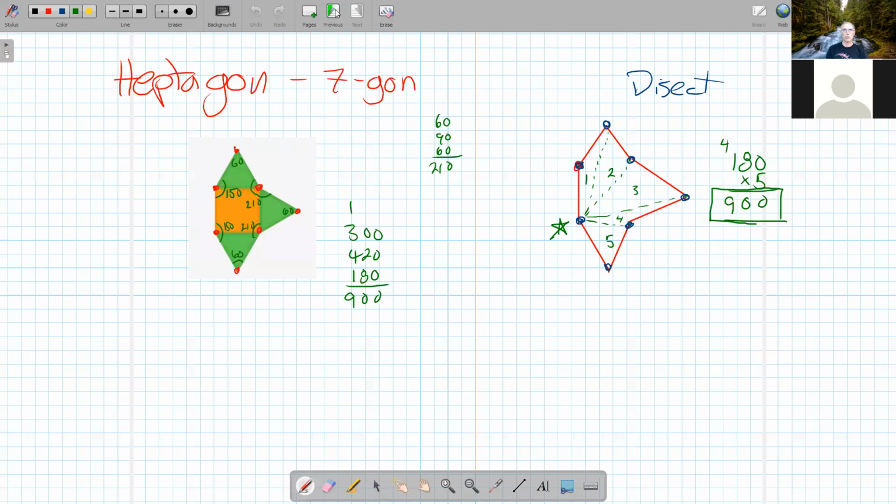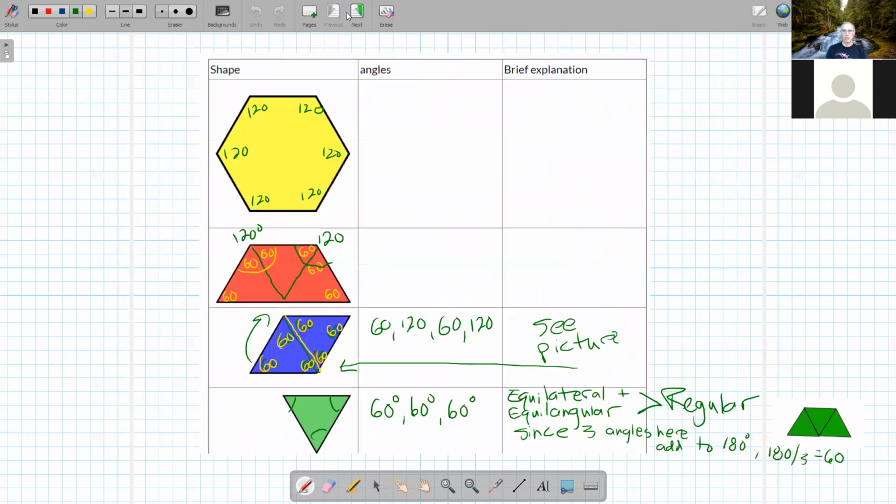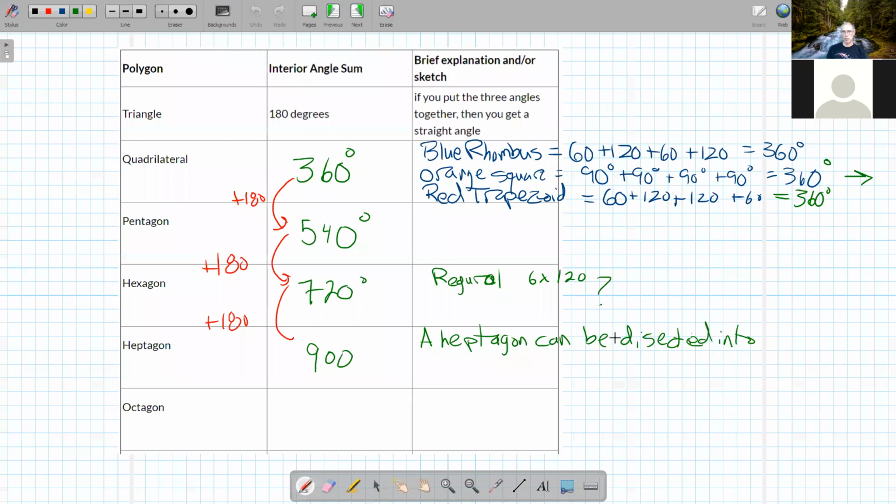Yep, 5. And so I would want to include that picture as part of my evidence. A heptagon can be dissected into 5 triangles. 5 times 180 equals 900. And I also have that other example that I did a different way. And then try the same thing for an octagon and see what happens.